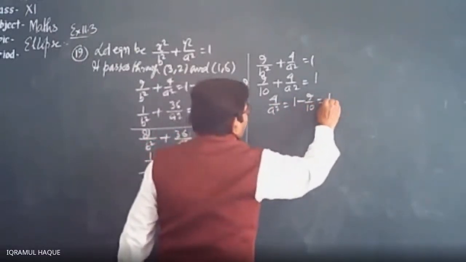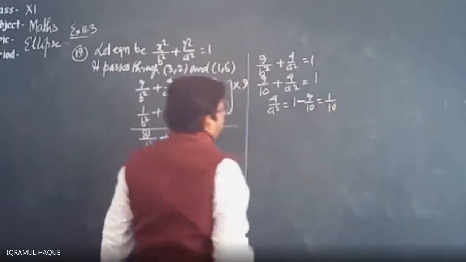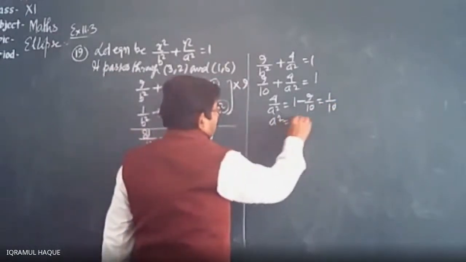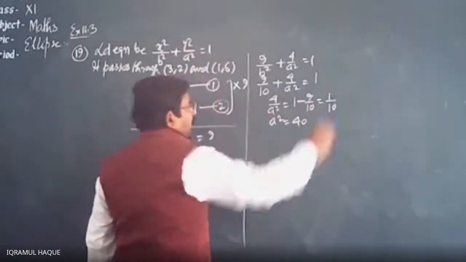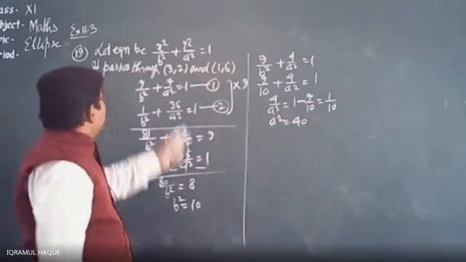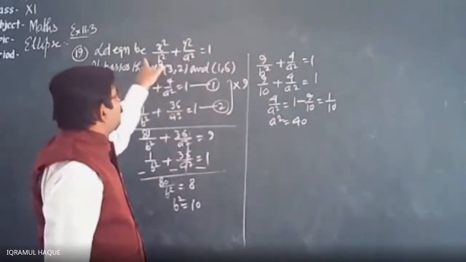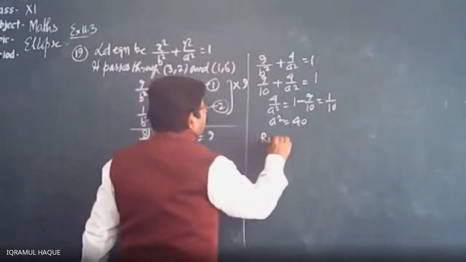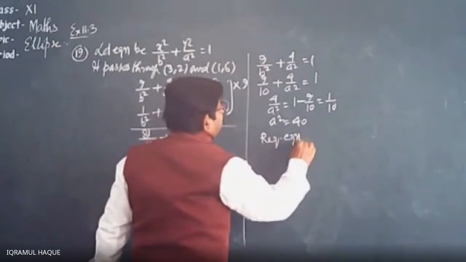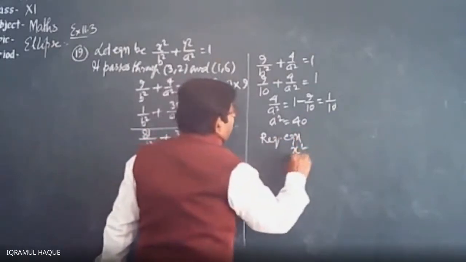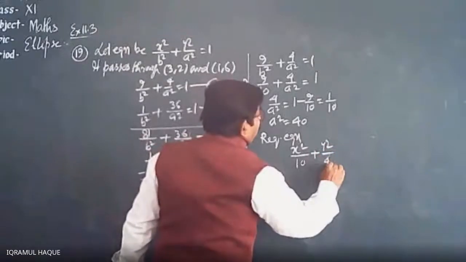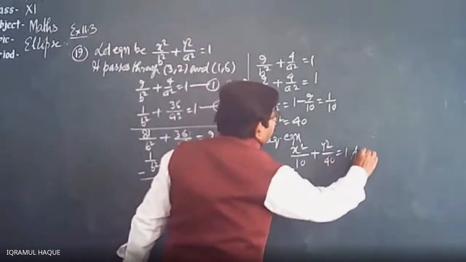This is 1 upon 10. 1 upon 10. So a square is equal to what? 40. Cross multiply. Now write the values of a square and b square here. So we have the required equation: x square upon 10 plus y square upon 40 is equal to 1 is the answer.